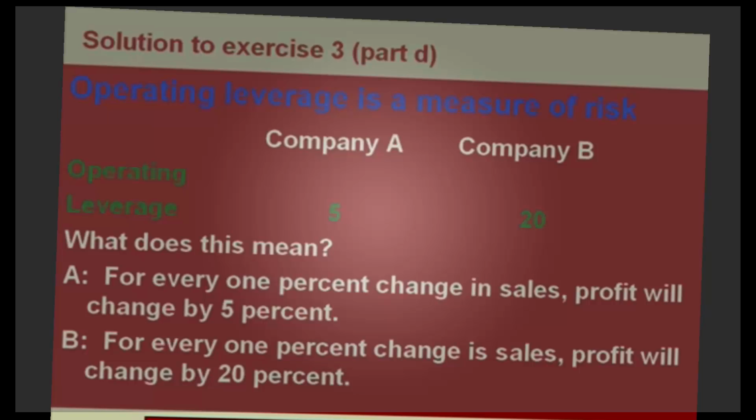Obviously company B, because it's more volatile. So operating leverage measures volatility in earnings. If a person is conservative, you go with company A. But if you are a risk taker, you go with company B. So it just depends on what type of person you are.